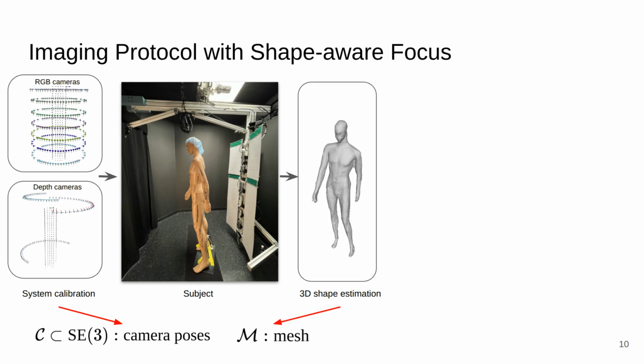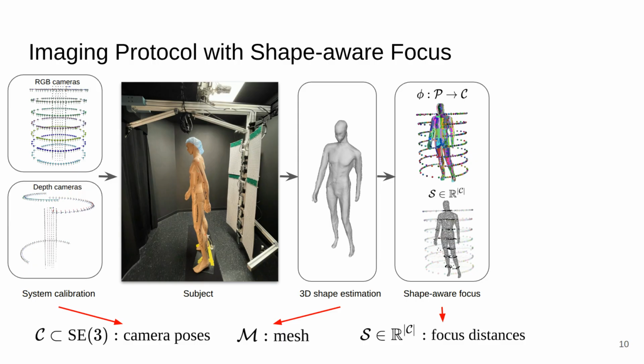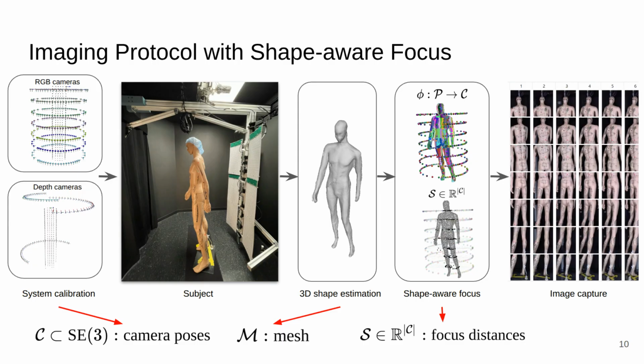That's the other input we need for our method. With the 2 required inputs, we use the shape-aware focus to solve for the focus distance at each camera pose. Finally, we perform a formal scan to capture images using the determined focus distances at the calibrated camera poses.